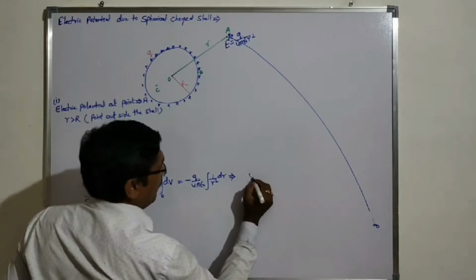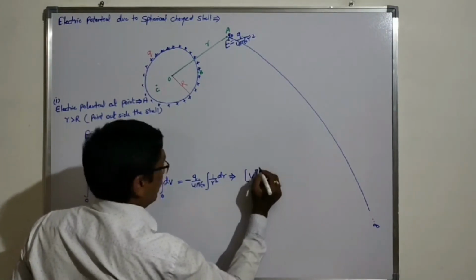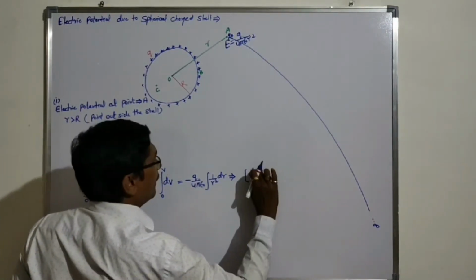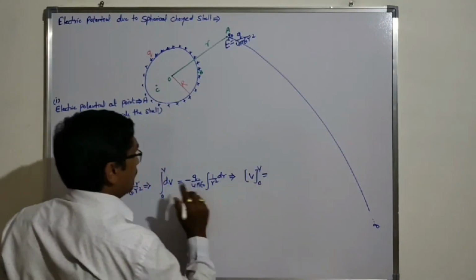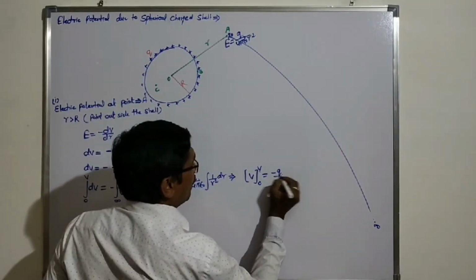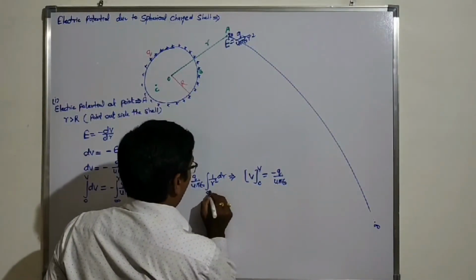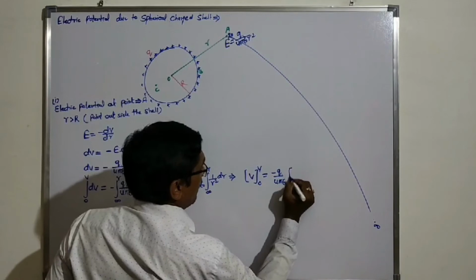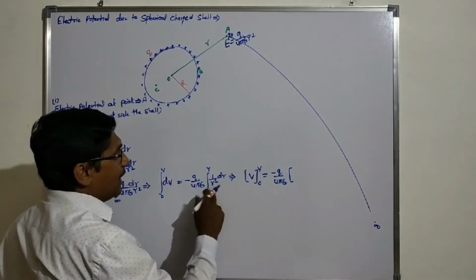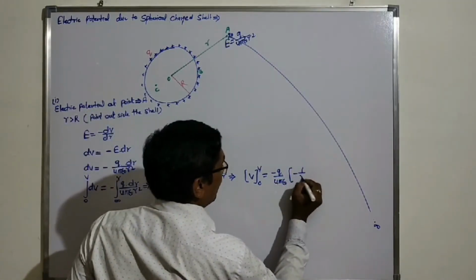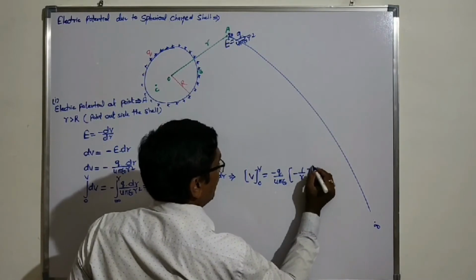We get V from 0 to V equals minus Q upon 4 pi epsilon naught times the integration of 1 by R square dr from infinity to R, which is minus 1 by R.